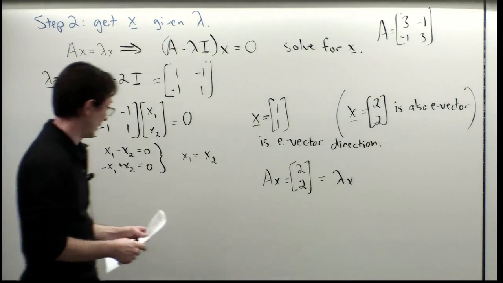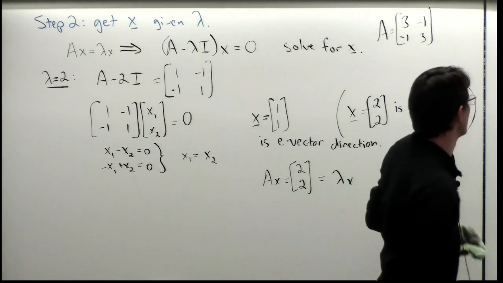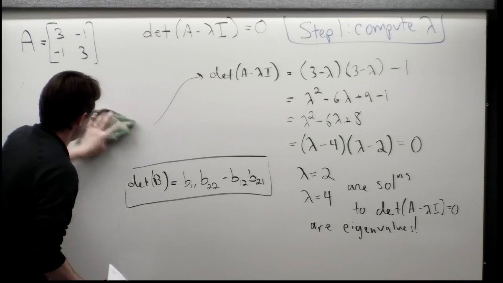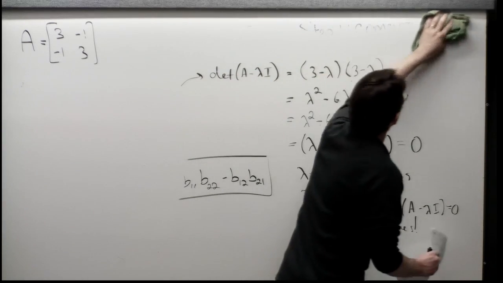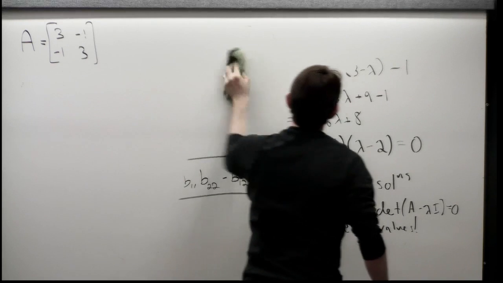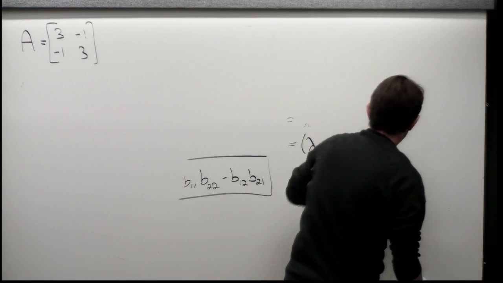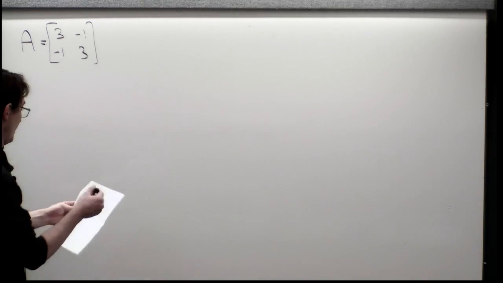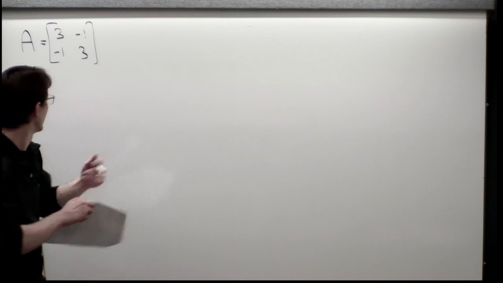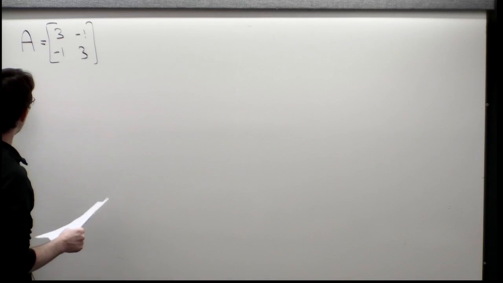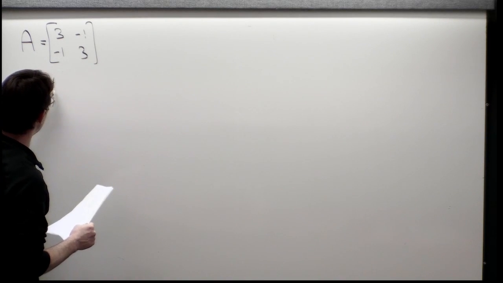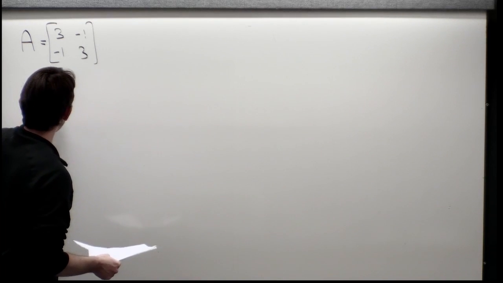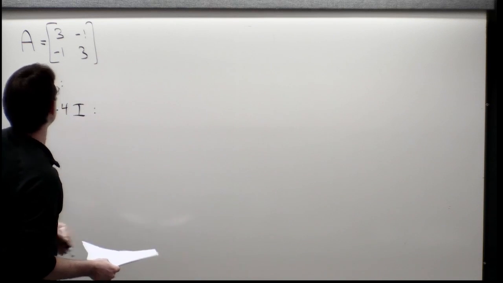Okay, let's do the same thing for our lambda equals 4 eigenvalue. The procedure is almost identical. We're basically just doing this for practice. So we know that our other eigenvalue is lambda equals 4. So what we're going to do is plug in A minus 4 times the identity.